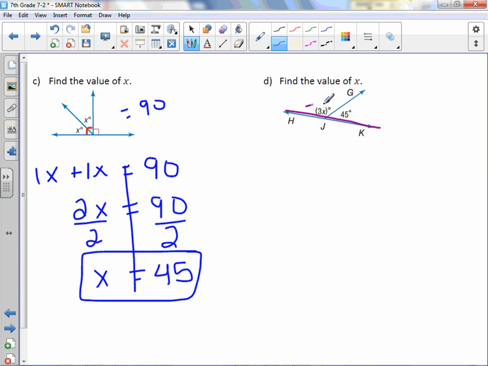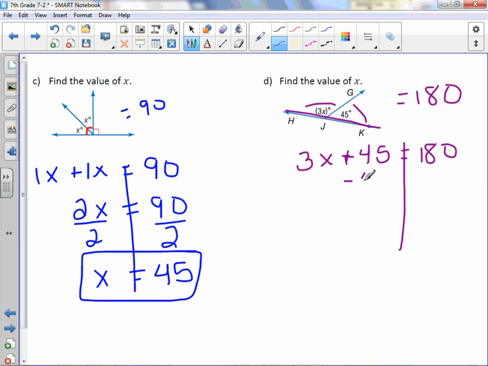These two angles form a straight line, which is supplementary, which is 180 degrees. So 3x plus 45 equals 180 degrees. Solve it.